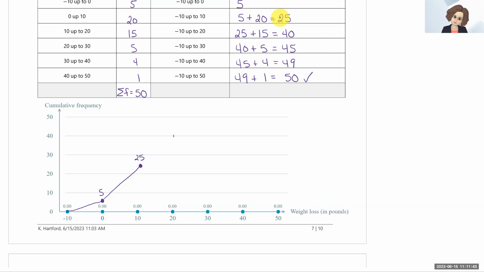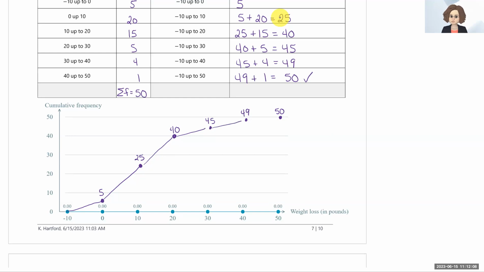I'm just going to draw the points and then I'll connect them. So then we had 40 and 45 and then 49, just approximate there. And then finally, in the end, we had all 50 people accounted for. And then I'm just connecting those with line segments.